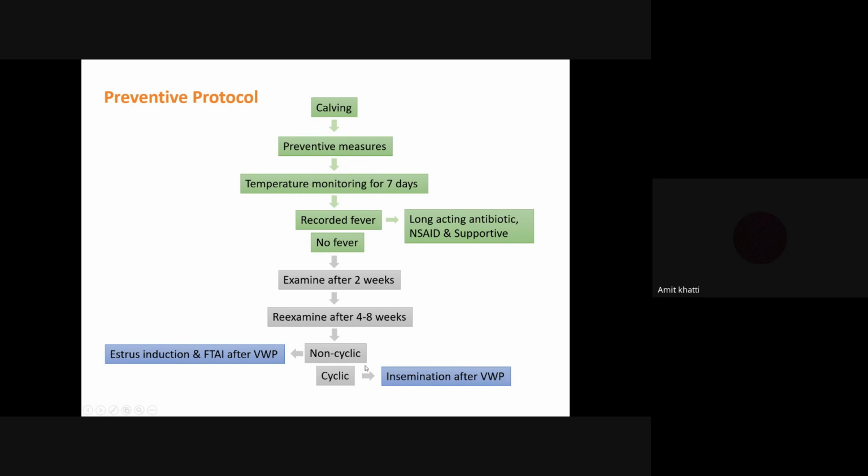If the animal is non-cycling but systemically healthy, then we can think about induction of estrus using a hormone protocol, and fixed time insemination can be used after the voluntary waiting period.